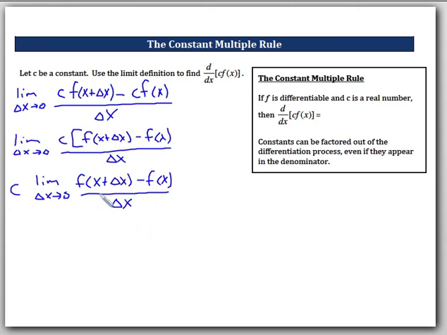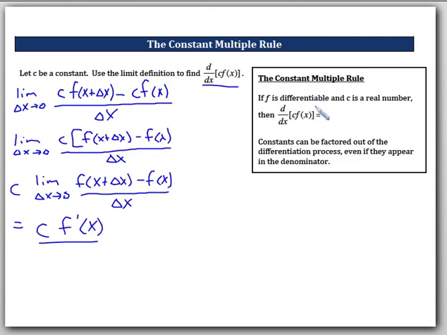Now what we're left with here is just the difference quotient. So the limit as delta x goes to 0 of the difference quotient, that is the definition of the derivative. And so what we're really left with here is c times f prime of x. So that tells us then that this equals this.